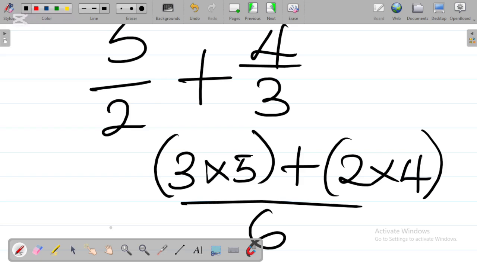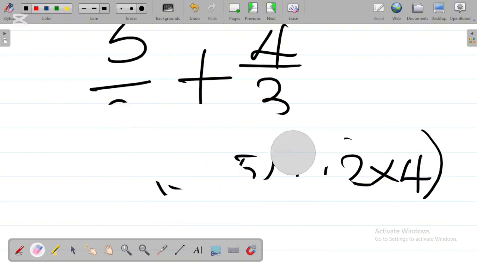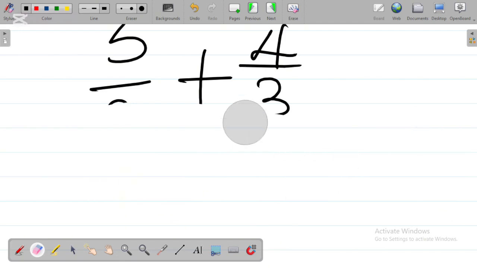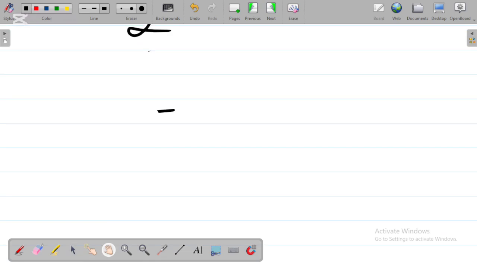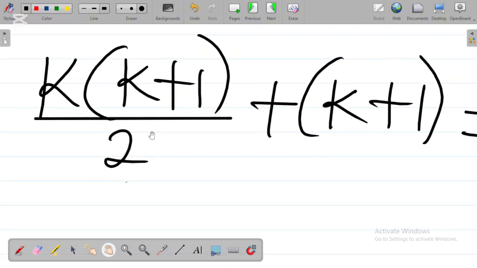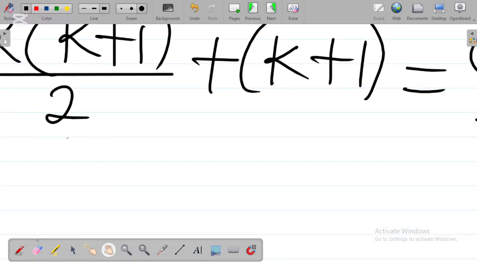Now let's apply this for the question given. If we take the LCM of k multiplied by k plus 1 all divided by 2 plus k plus 1, let's say this is divided by 1. Normally it is divided by 1.